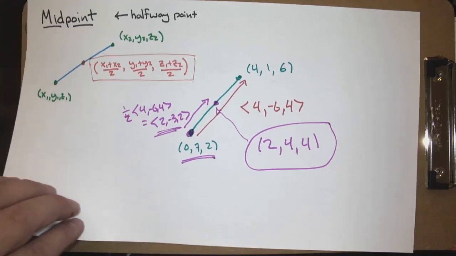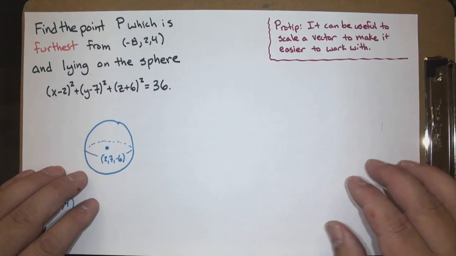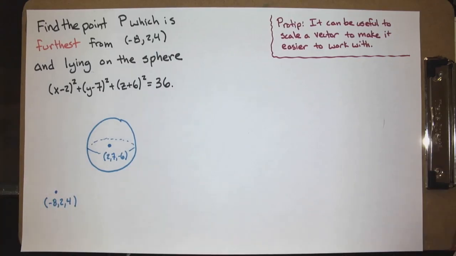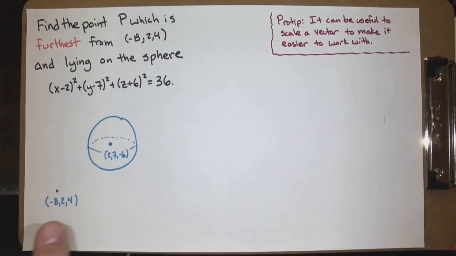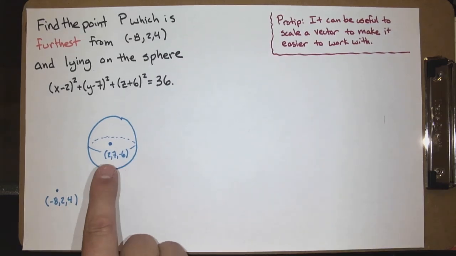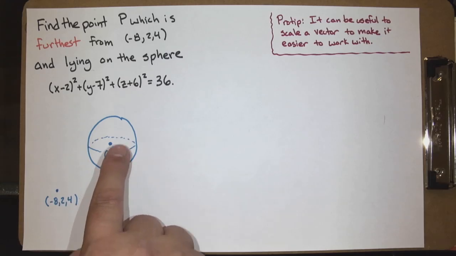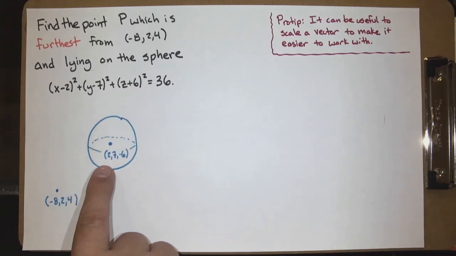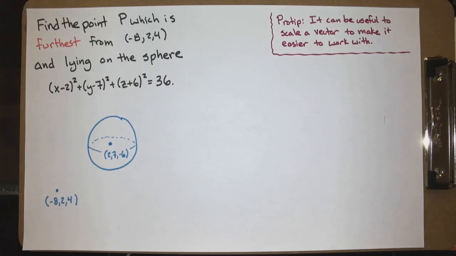Now, in the last minute and a half, we won't do this whole problem, but I want to just talk about the idea. Find the point P which is furthest from the point negative 8, 2, 4, and lies on the sphere x minus 2 squared plus y minus 7 squared plus z plus 6 squared equals 36. So it's 2, 7, negative 6, and it has a radius of 6.